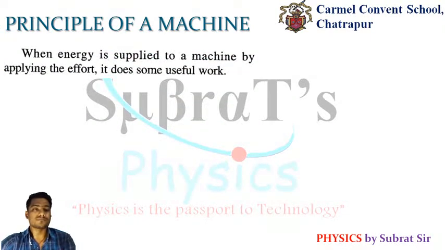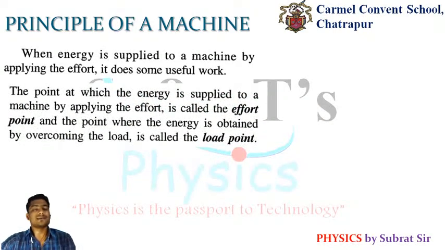Then the principle of a machine. When energy is supplied to a machine by applying the effort, it does some useful work. The point at which the energy is supplied to a machine by applying the effort is called the effort point, and the point where energy is obtained by overcoming the load is known as the load point.